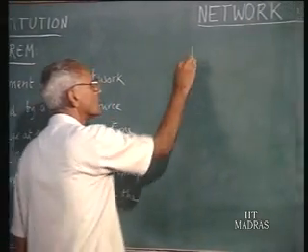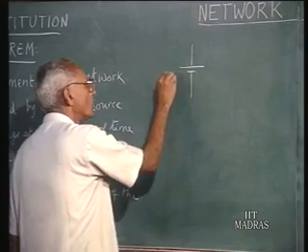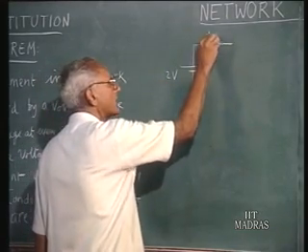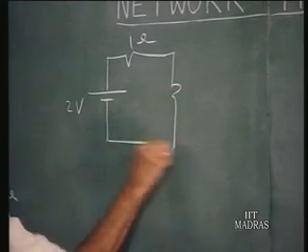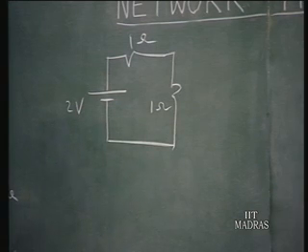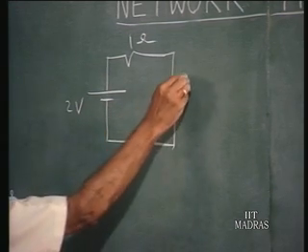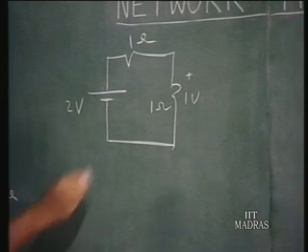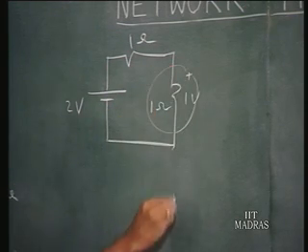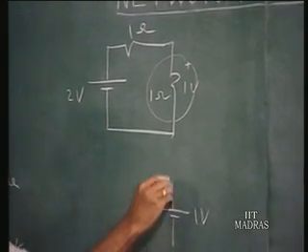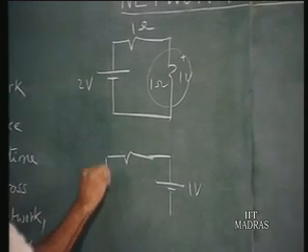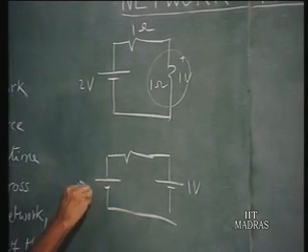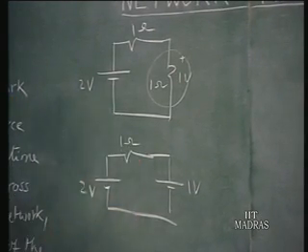Suppose I have a 2 volts source acting on a circuit like this. Then the voltage across this 1 ohm resistance is obviously 1 volt. So suppose I replace this by a 1 volt source and consider this network, 2 volts, 1 ohm, then the current in the network, everything else, will remain the same.